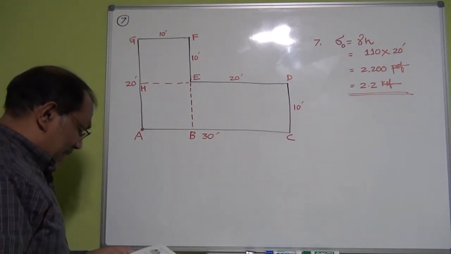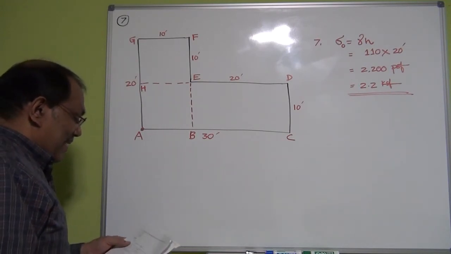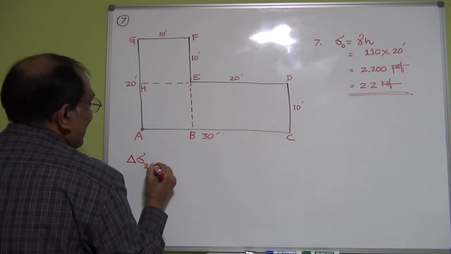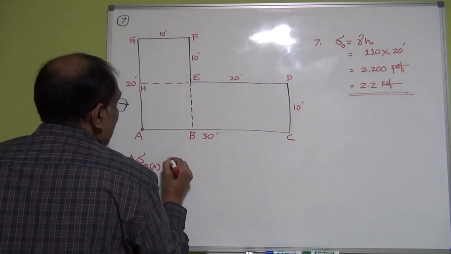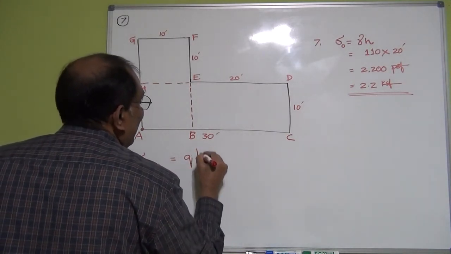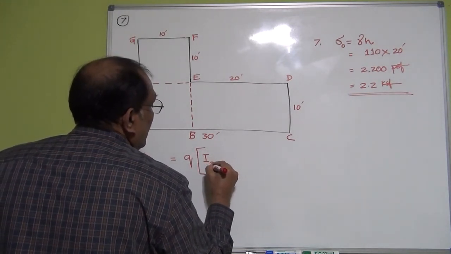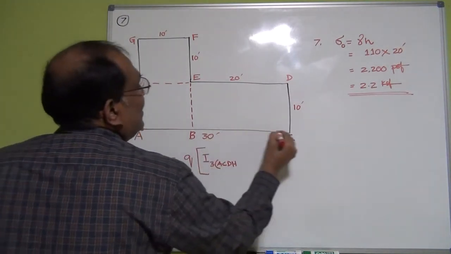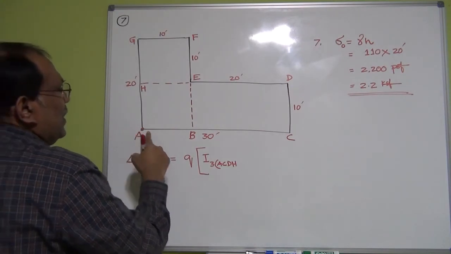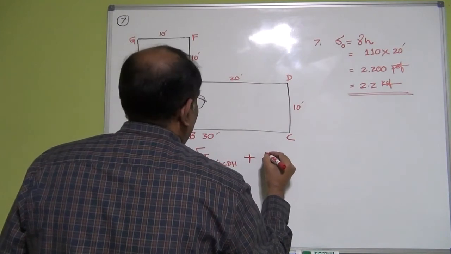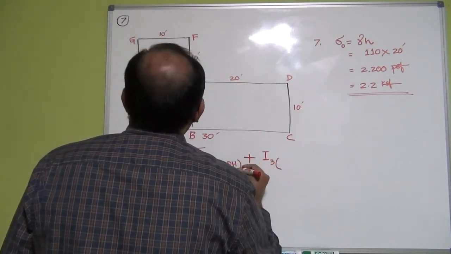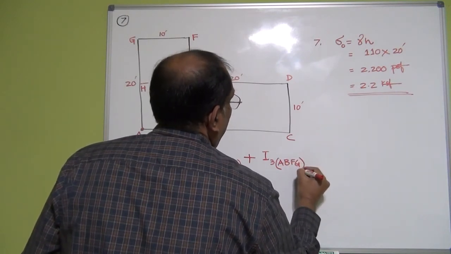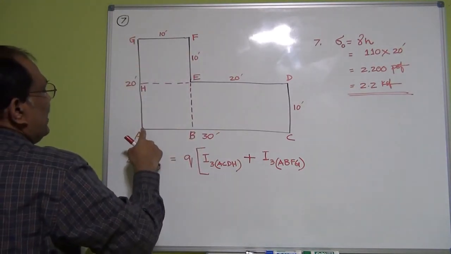Now you can see here that the del sigma z at point A, which is 10 feet below the surface, is basically Q times I3 of ACDH, this rectangle, and you can see A is a corner of that, plus the I3 of ABFG, which is this rectangle, and A is the corner of that one.